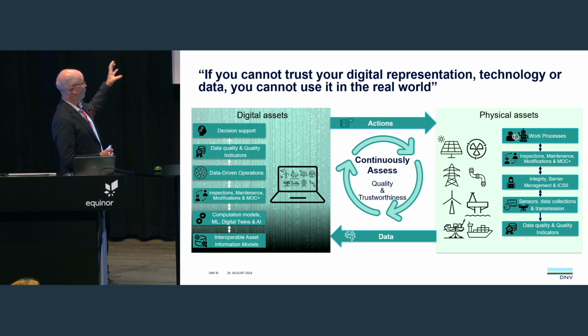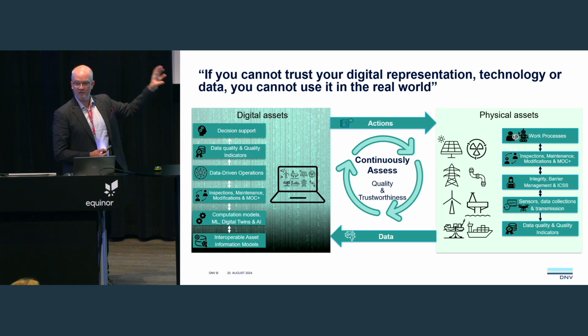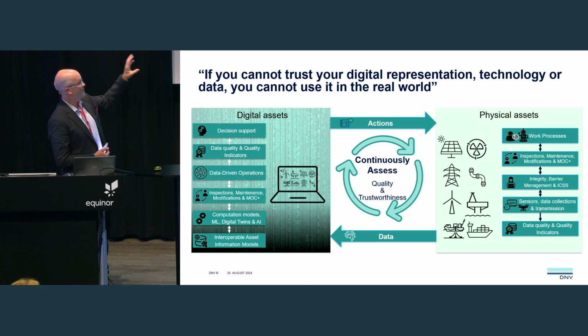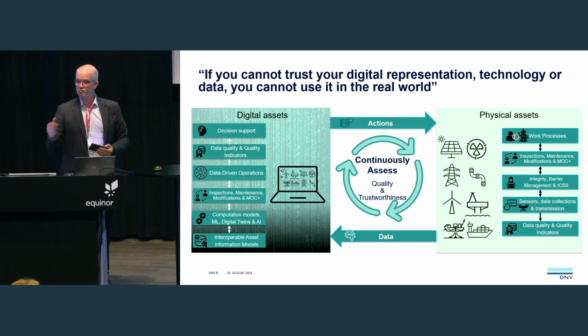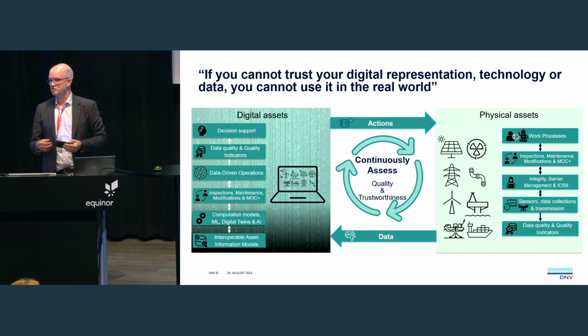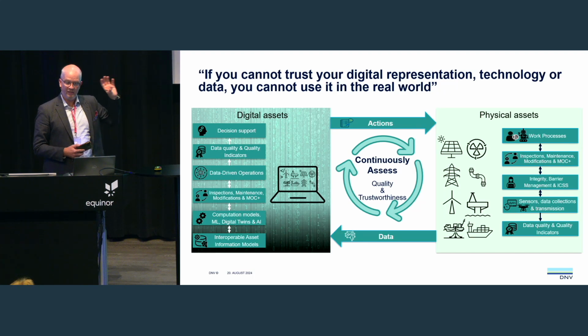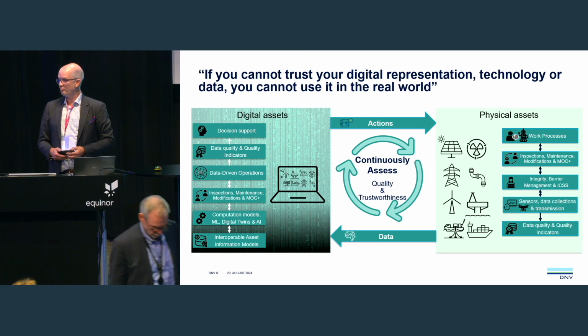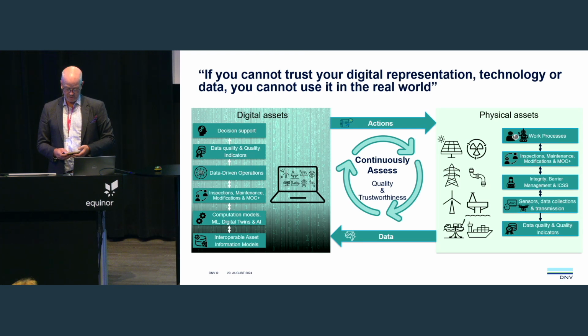But for this whole thing to actually take place in a good manner, you need to trust that the representation of your physical asset is of high quality. And for this to happen, we think that the continuous assessment of the quality and the trustworthiness of the data and the models and the representation of your physical asset in the digital world needs to be in place, and that's an enabler for this kind of business.